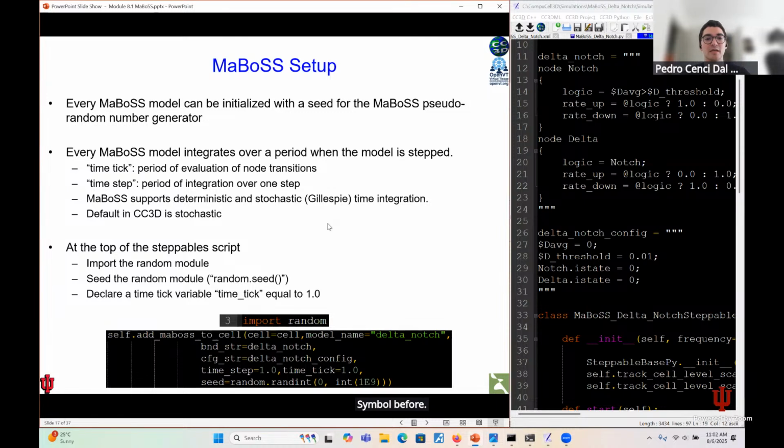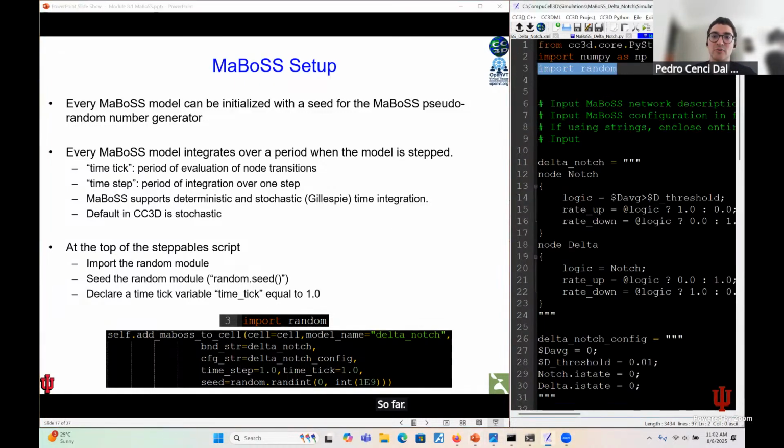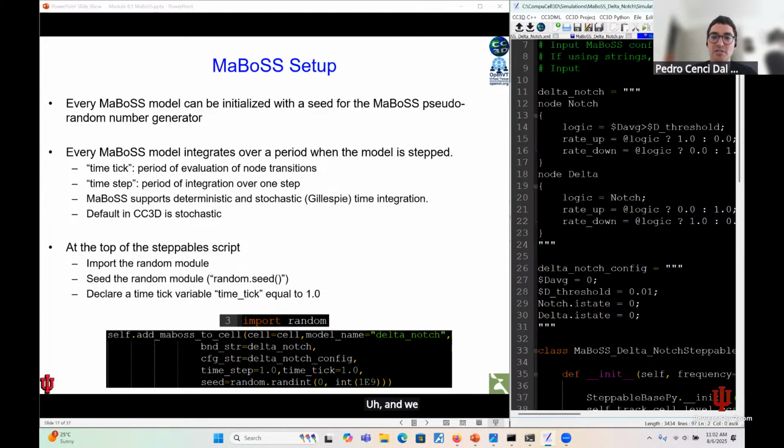Okay, so how to set up MaBoSS? So first, we need a random package because we need to set a random seed. You don't want your network always behaving the same way. So we initialize a random seed and we attach MaBoSS to a cell.